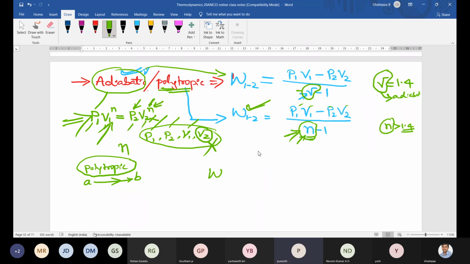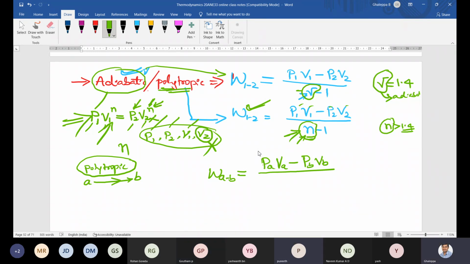How will you tell the equation? W A to B equals PA VA minus PB VB divided by n minus 1. So instead of using the words PA VA, make it initial pressure, initial volume. Initial pressure, initial volume, minus PB VB, divided by n minus 1.